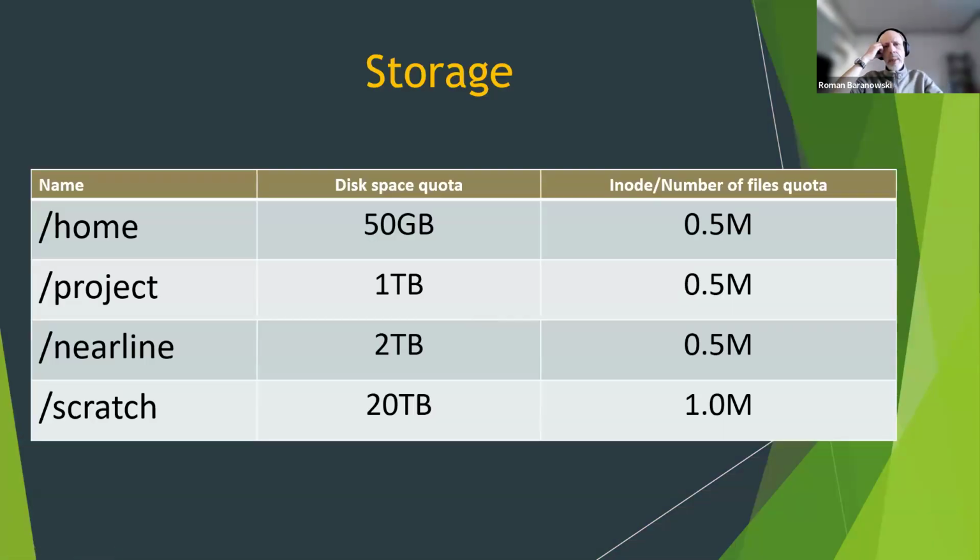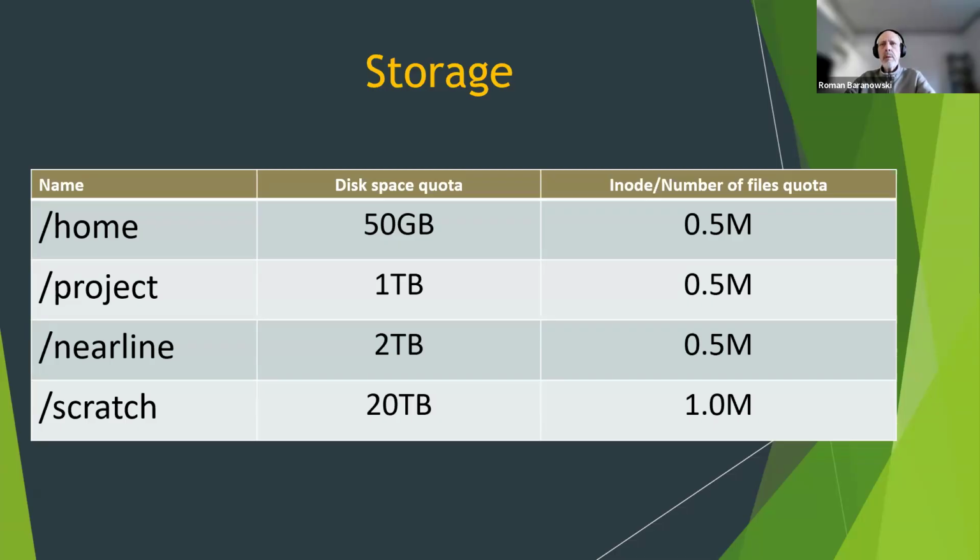Okay, so now let's talk about storage. Typically, when you get access to these computational resources, you have four areas you can work with. Whenever you're logged in, you are always put in your home. This is your private space where you can store your code, your thesis, the articles you are working on, your processed data, and your software.